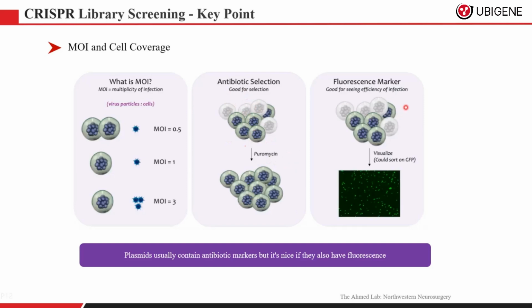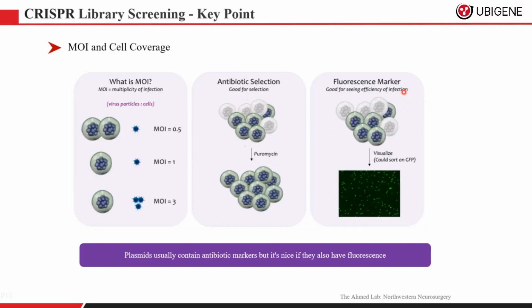And here is another useful feature: fluorescence marker. Even though we have antibiotic selection to ensure our cells are transduced, it's always helpful to have a visual confirmation. Many plasmids include a fluorescence marker alongside the gene of interest. If the gene is being expressed, the fluorescence marker will also be expressed.